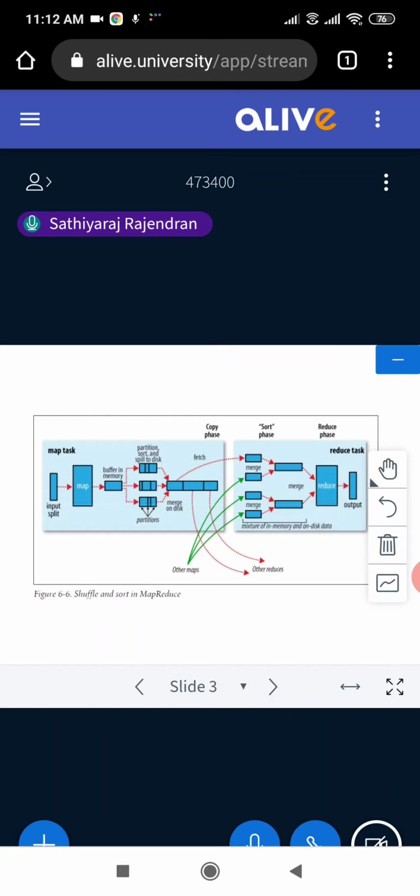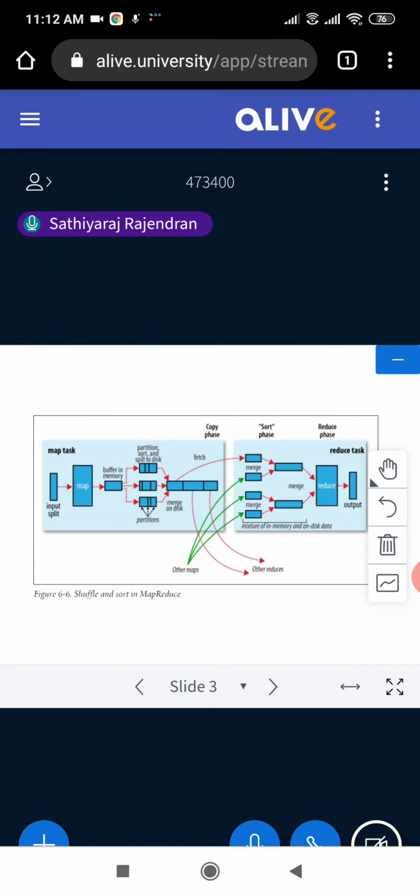So when we write more data to the buffer after it is filled, that is called a spill. For example, if a 100 MB buffer is filled and I try to write more data into it, a new spill will be created, and that spill will be allowed to execute.